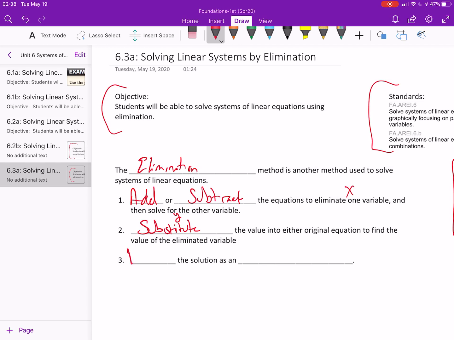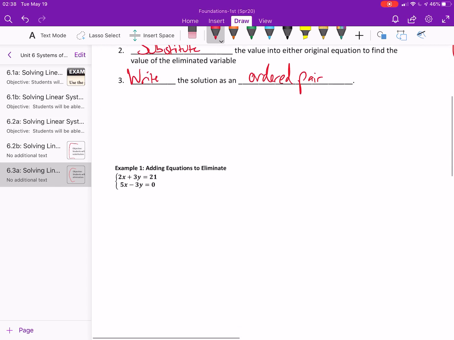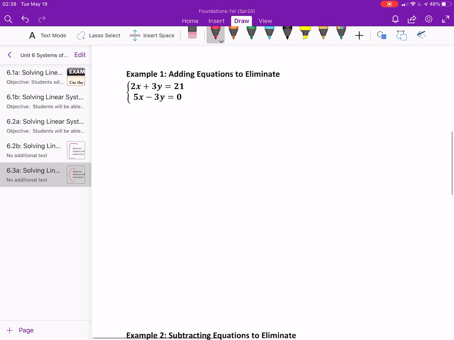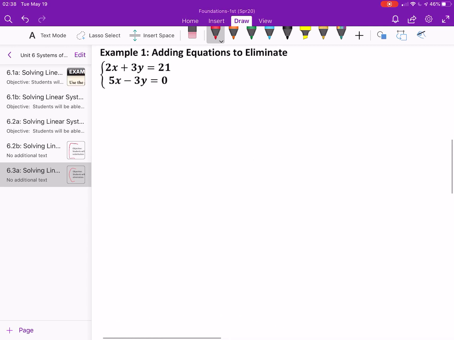And then we will write our solution as an ordered pair. Because again, if these two lines intersect, then the solution is an ordered pair. And so we've got three examples that we're going to look at today. In example 1, we're going to solve by adding. And so let's look at that example now.